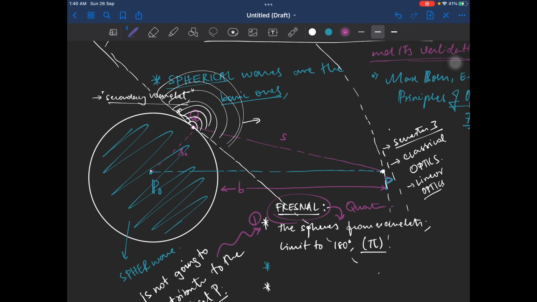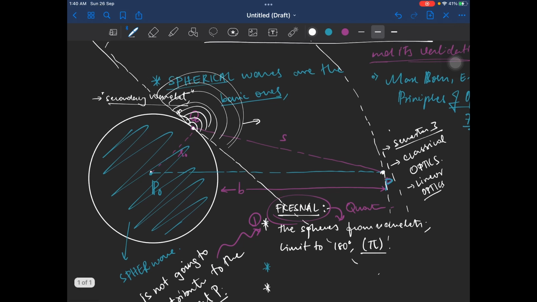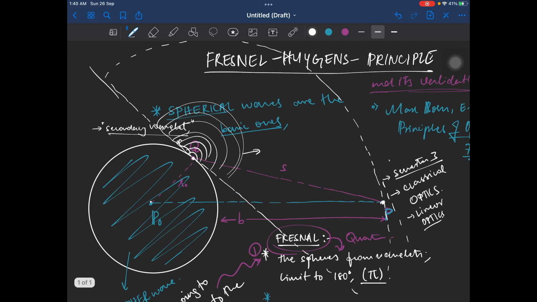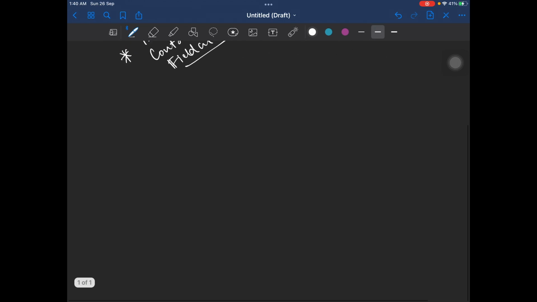So yeah, let's see. And there are some interesting results and integrals over here, right? So you can immediately see that there will be a limiting factor for this. Like, see, we draw a sphere.